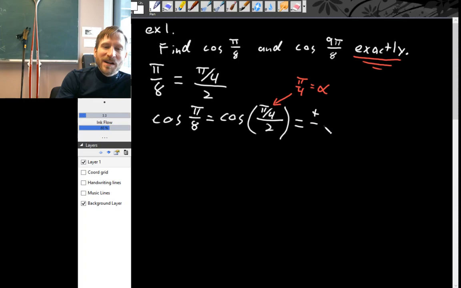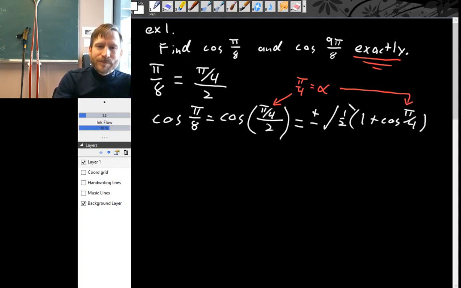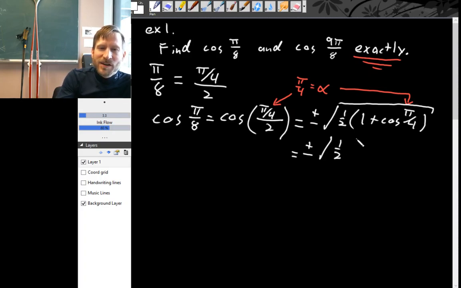We get plus or minus the square root of 1/2 times 1 plus cosine of alpha, which is pi over 4. And let's simplify this a bit. It's the square root of 1/2 times 1 plus cosine pi over 4, which is the square root of 2 over 2.